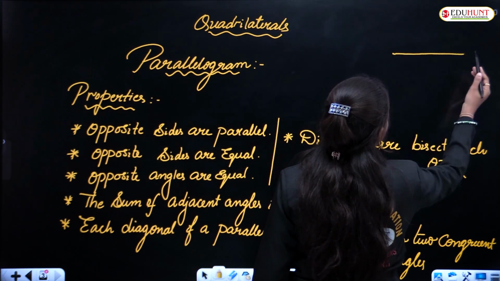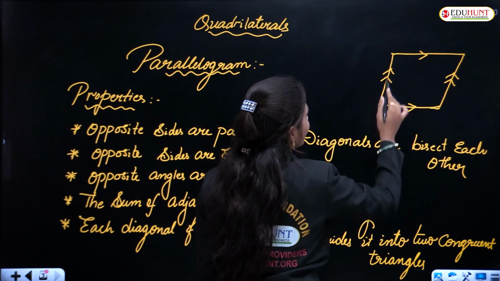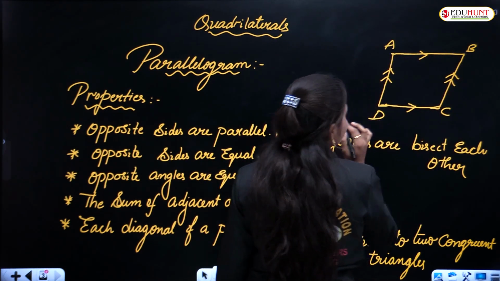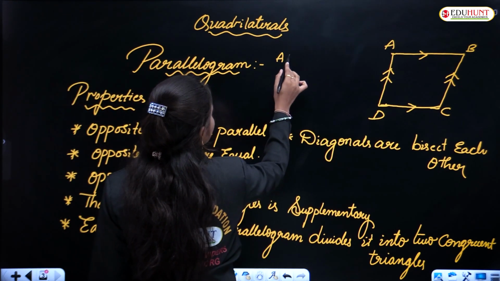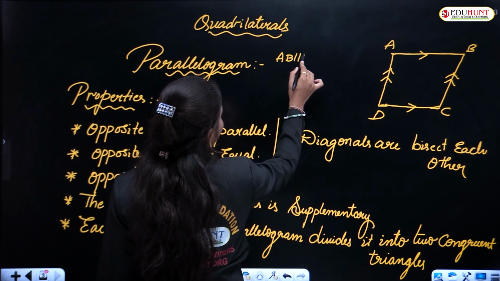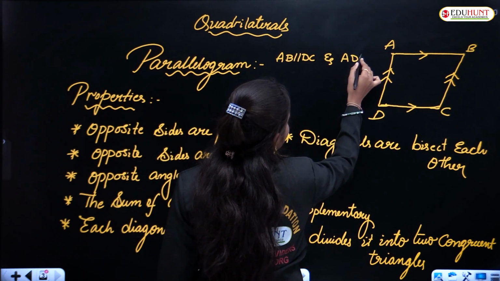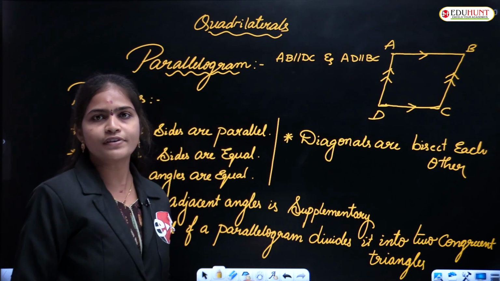Here I am going to draw the parallelogram. Okay, so in parallelogram ABCD, the first property is that opposite sides are parallel. So AB is parallel to DC and AD is parallel to BC.